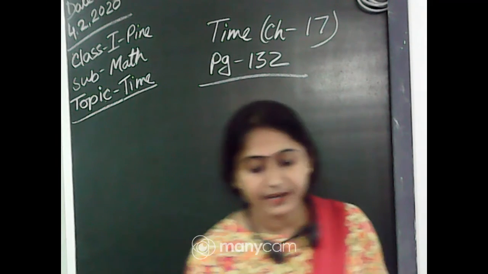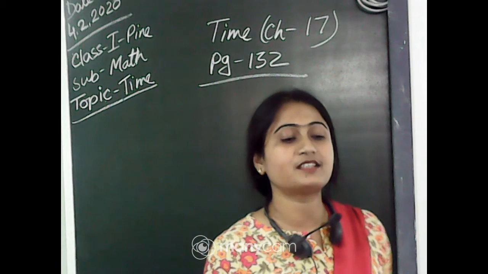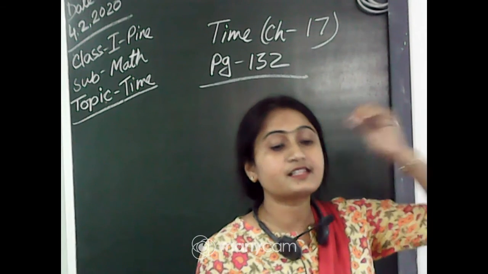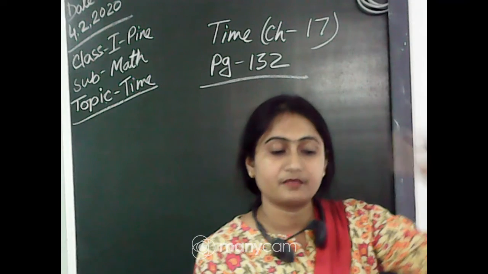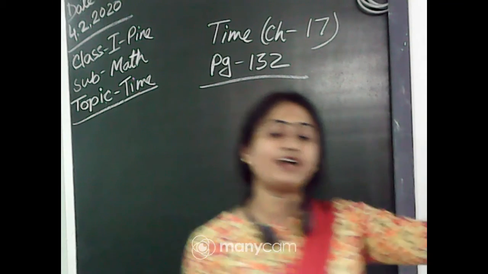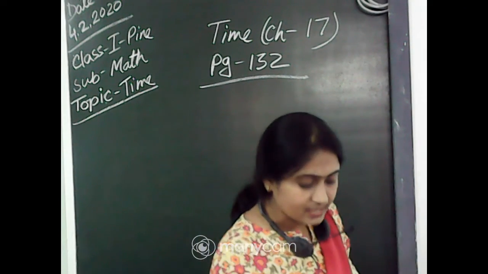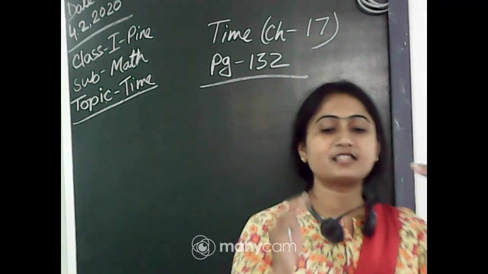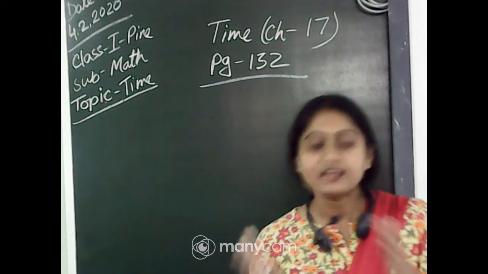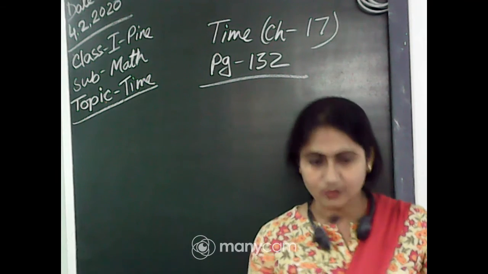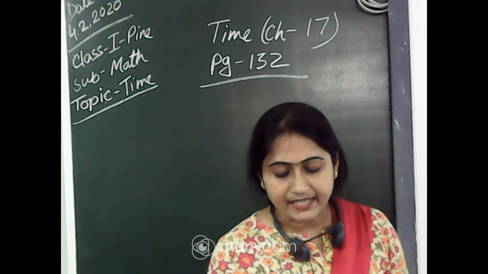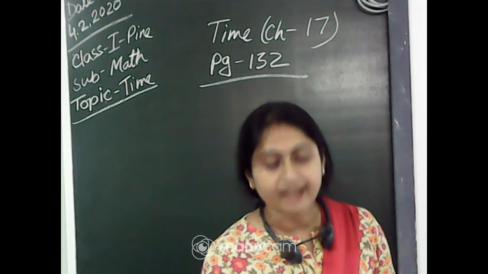And next, the period for which the sun sets. In the morning the sun rises, and in the evening the sun sets. This time period from sunrise to sunset is called daytime. And when the sun sets, evening starts, night starts. Days are bright and shiny, nights are dull and dark.